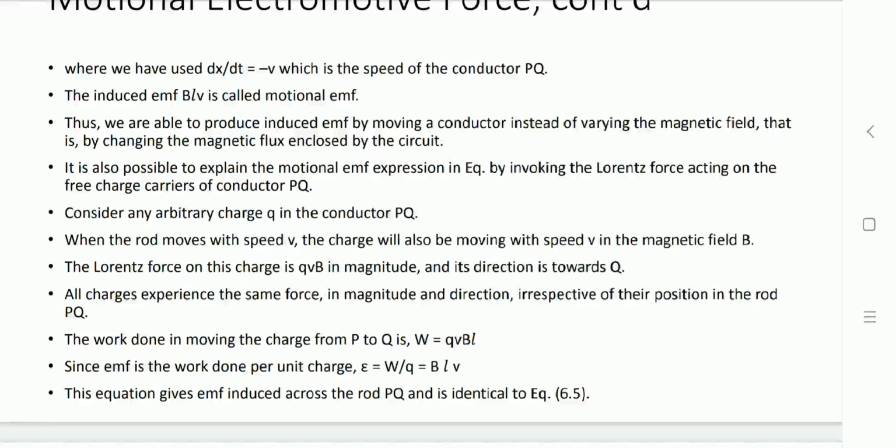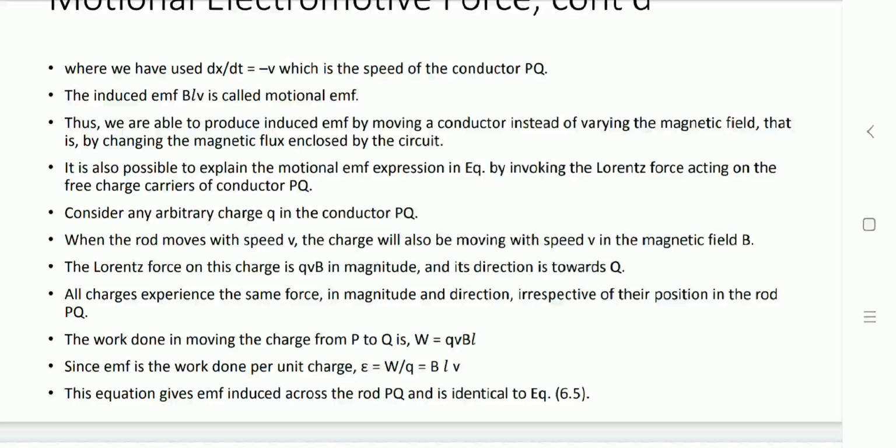It is also possible to explain the motional EMF expressed by the equation BLV based on the Lorentz force, acting on the free charge carriers of conductor PQ. Consider a charge Q on the conductor PQ.